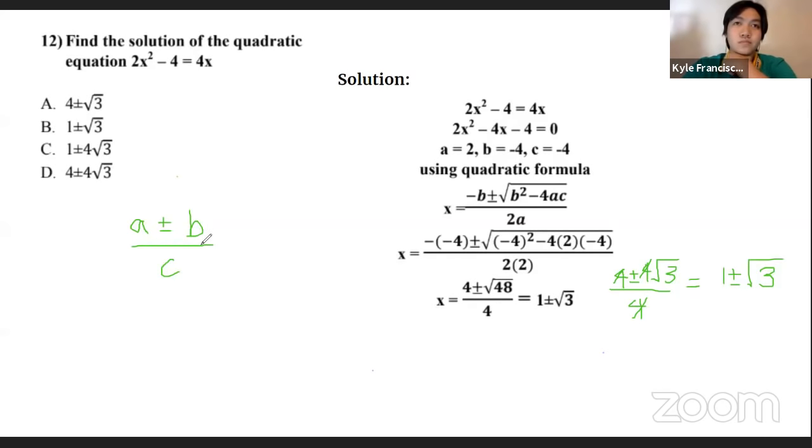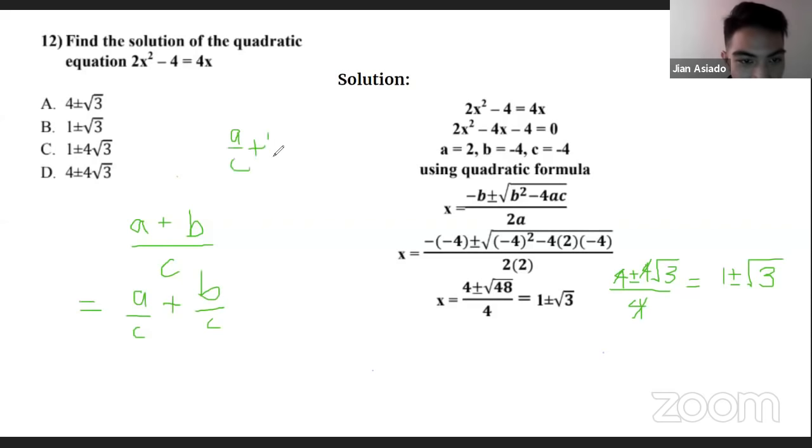Ayan. So ito, equal siya sa A over C plus B over C, no? Okay. So hindi lang siya A over C plus B. Pwede nyo lang gawin yung ginawa ni Lane Ashley na ang naging sagot niya is 4 plus or minus square root of 3.